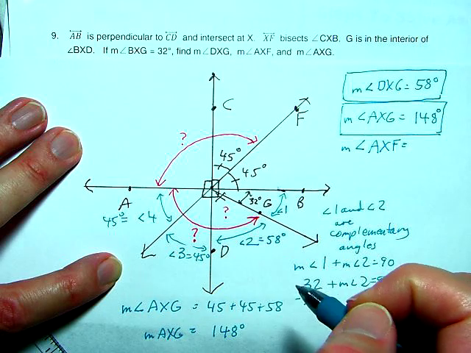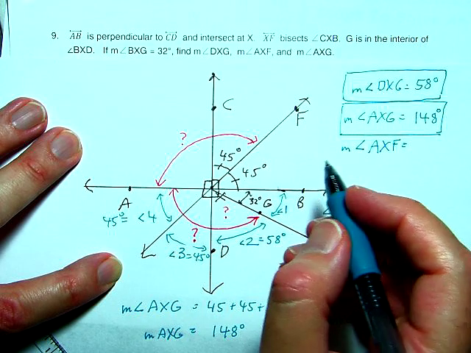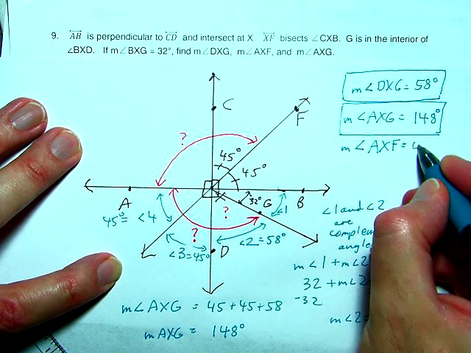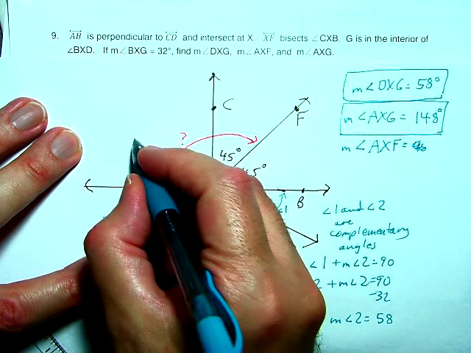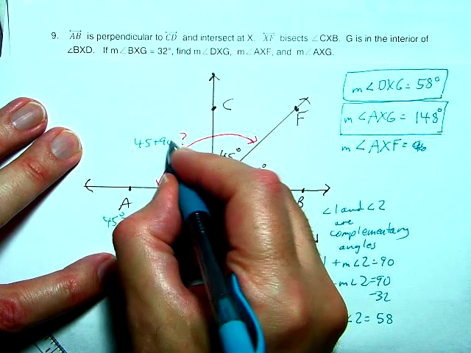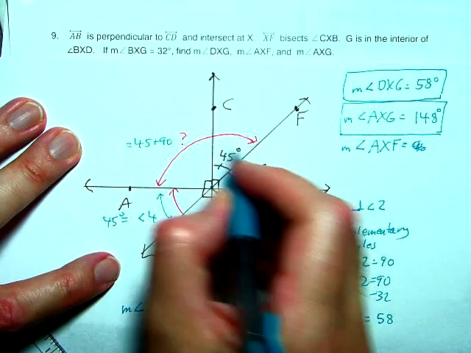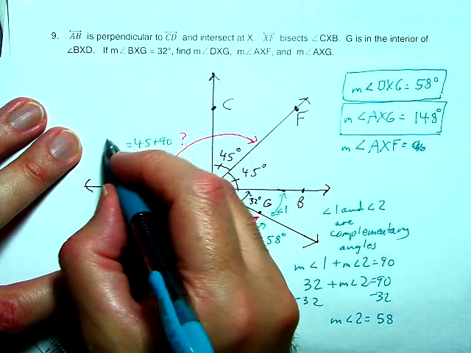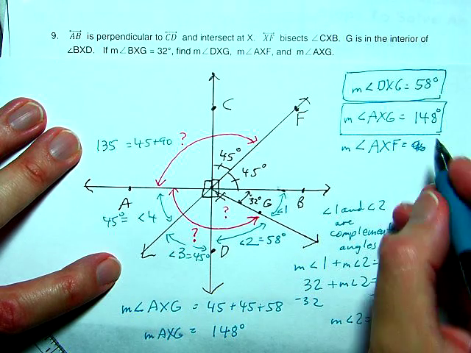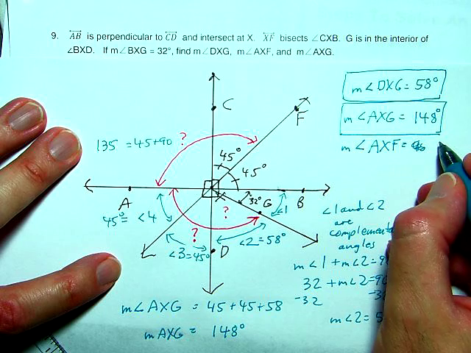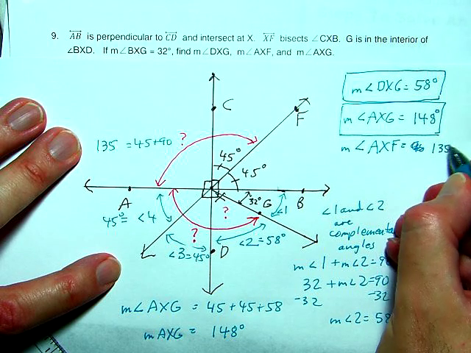So 45 plus 90 degrees. Let me do it over here. 45 plus 90 degrees is equal to 135 degrees. And therefore the measure of angle AXF is 135 degrees.